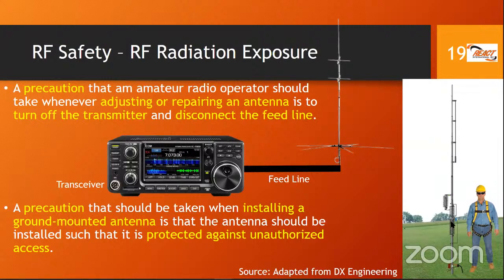It should be installed in such a way that a person cannot inadvertently come into contact with it. So we say you need to have it protected against unauthorized access. You don't want someone, adult or child or anybody, to come and touch that antenna while you are transmitting. So take that precaution, and install it in such a way that you protect against unauthorized access.